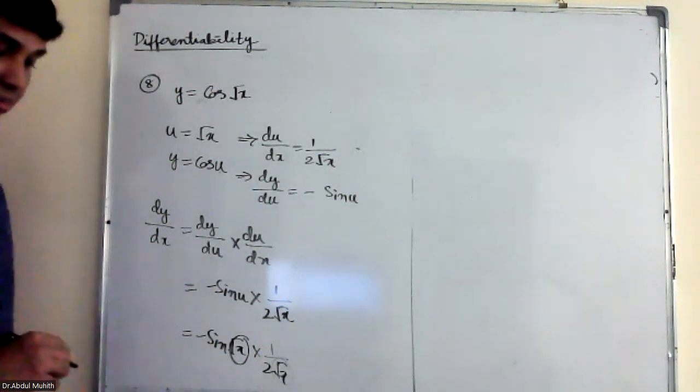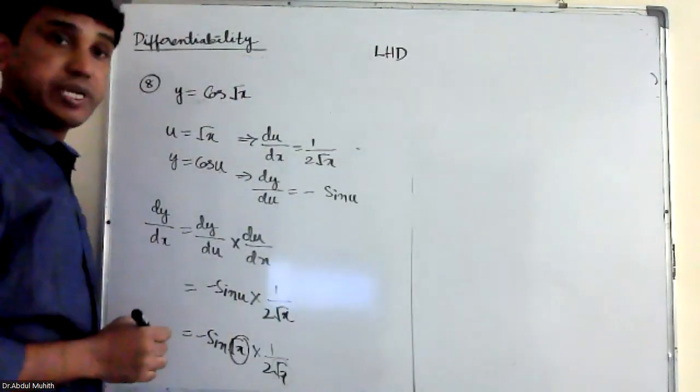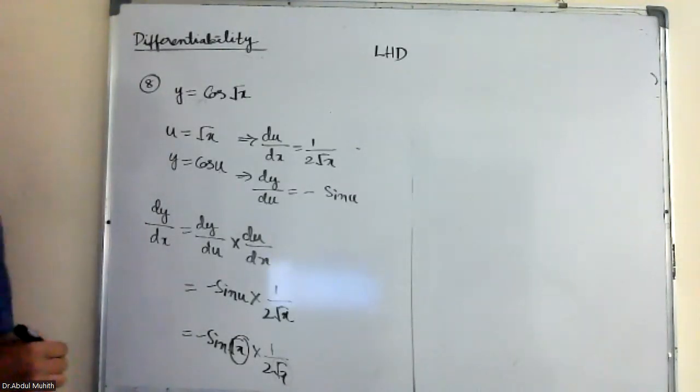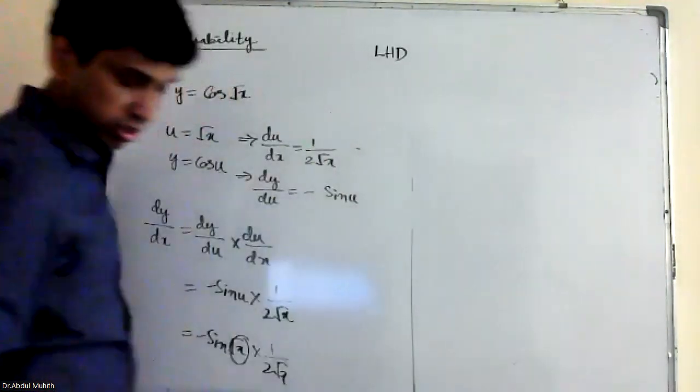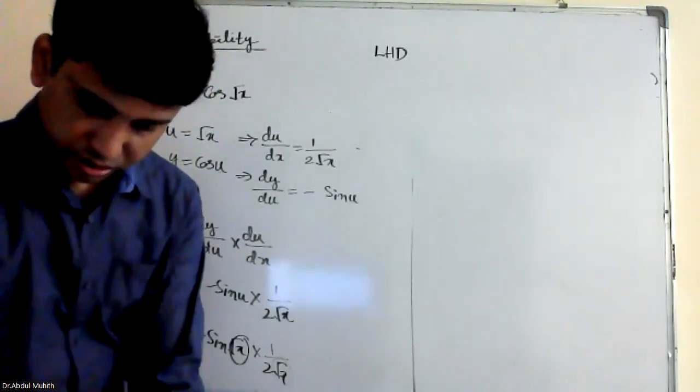Okay. Now we have left hand derivative and right hand derivative. Like we have LHL and RHL, the same way we have LHD and RHD. That I will explain to you.